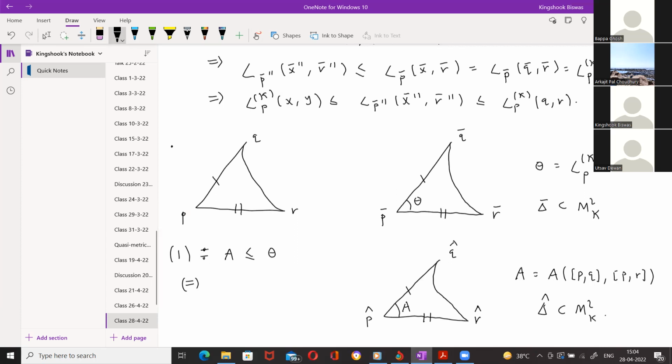So if and only if Q hat R hat is less than or equal to Q bar R bar, and Q bar R bar is the same as distance QR, right? And this is condition 2.